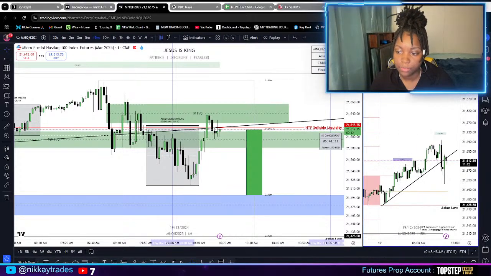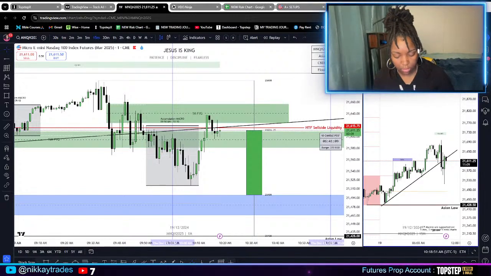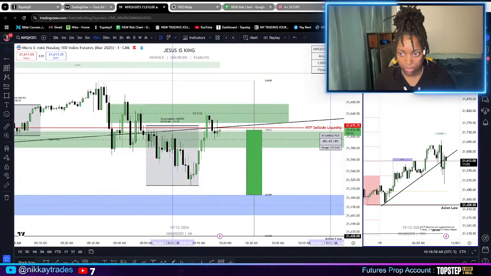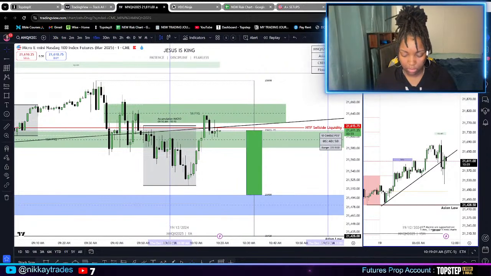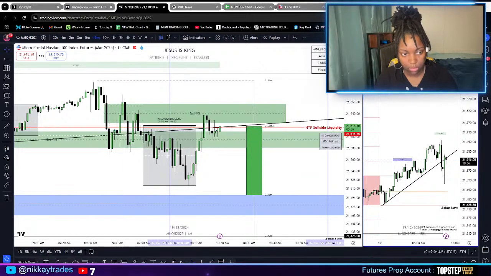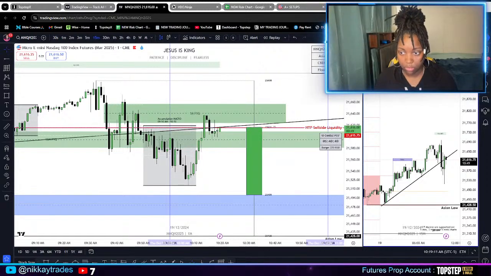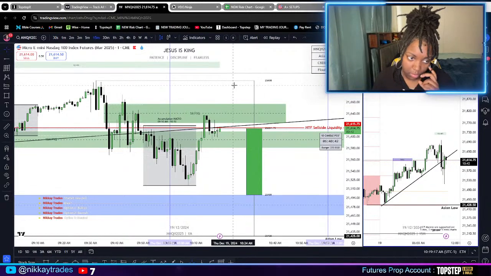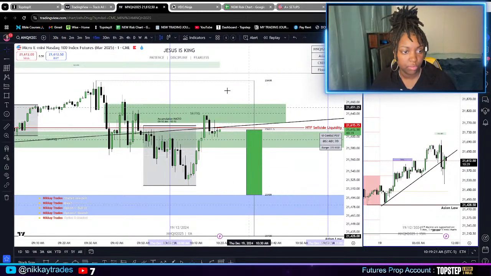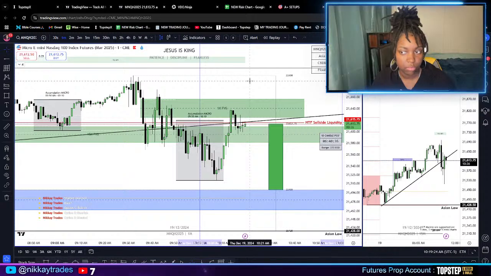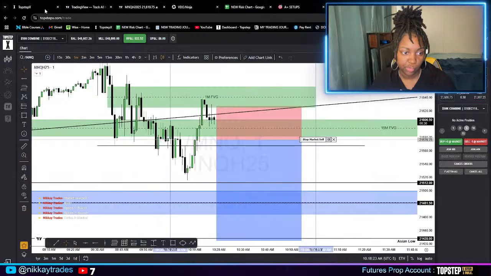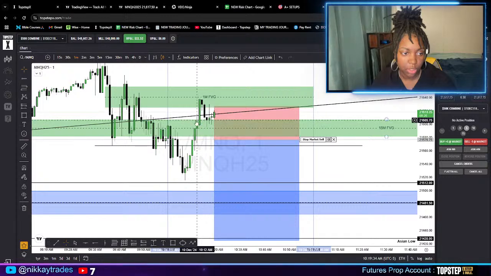What y'all think? Yeah, it look like it's inverting it to push to go higher.